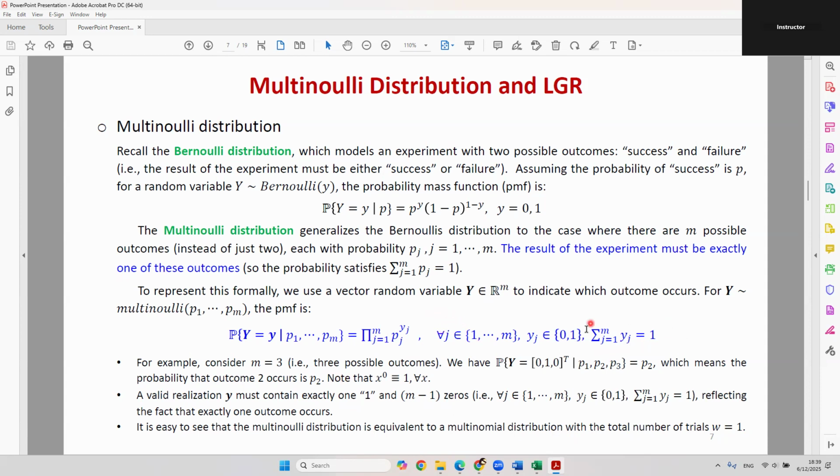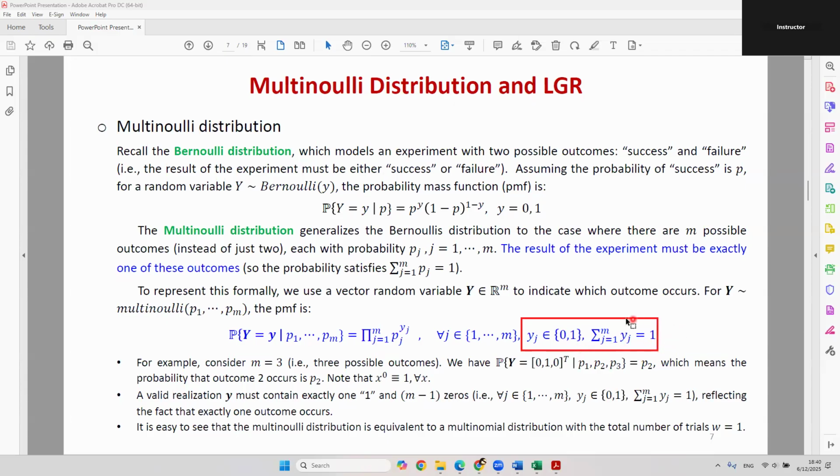One very important thing is this. We need to guarantee that each experiment has exactly one outcome. And hence the summation of all the yj's must be equal to 1, where these yj's are binary.